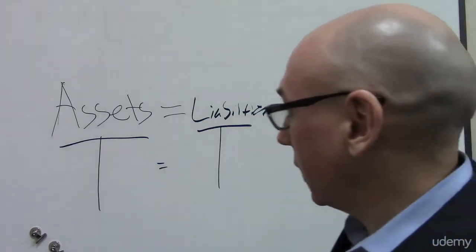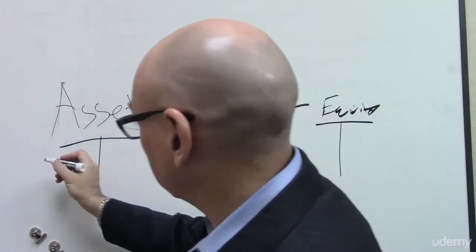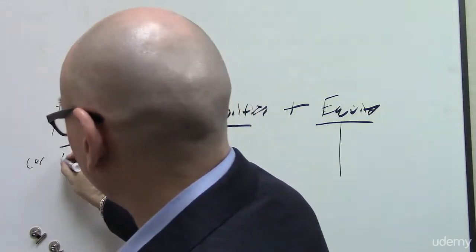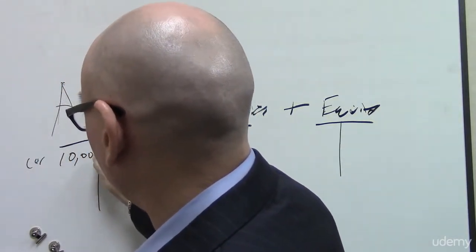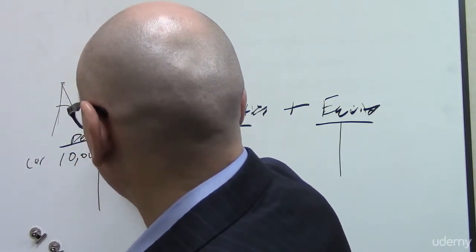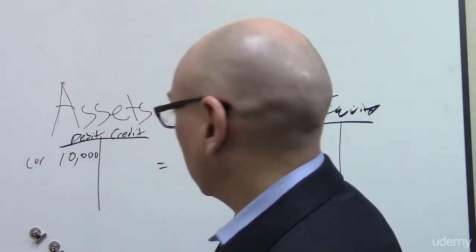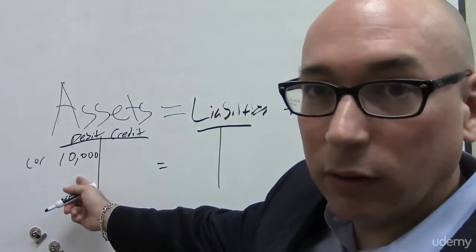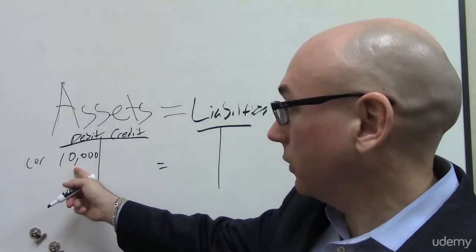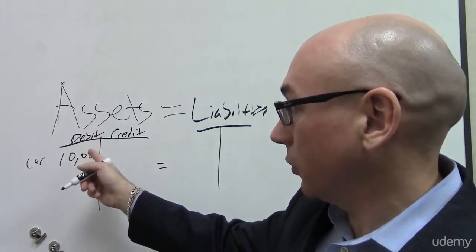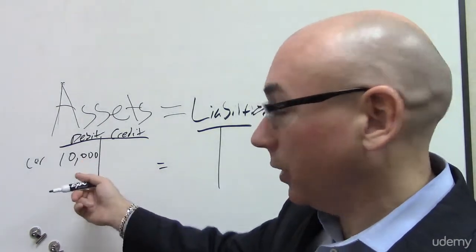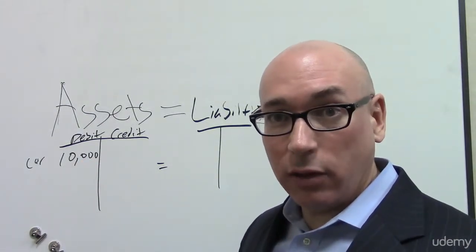Let's say we bought a car and it was worth $10,000. So the journal entry is a debit of $10,000 for the assets. Debits make assets go up, right? So we debit the car for $10,000.